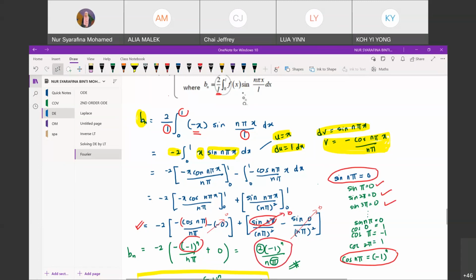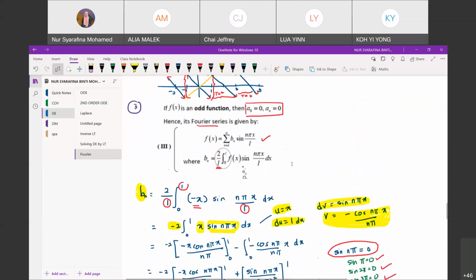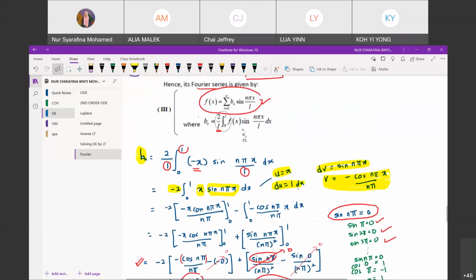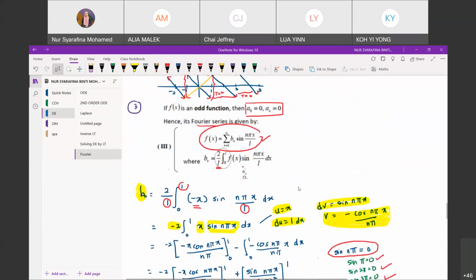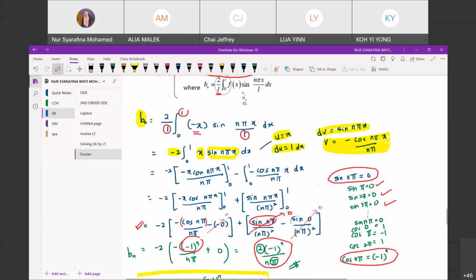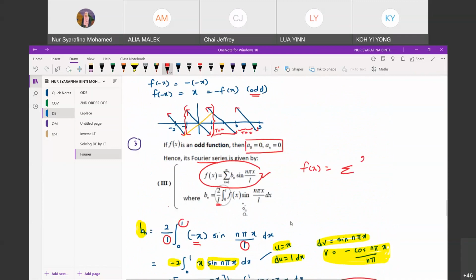Okay. Once you got your Bn, then just substitute to the Fourier series here. Where your Fourier series fx equals summation, Bn is 2 over n pi, sine n pi x over L. L is 1.